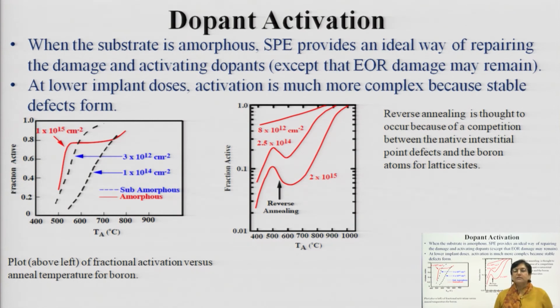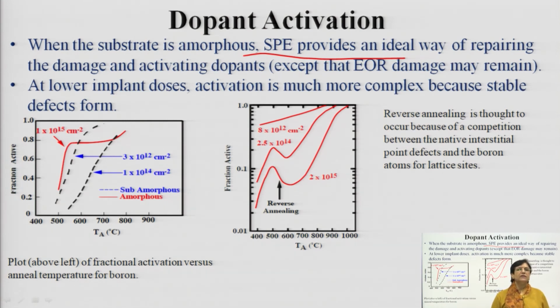So, when the substrate is amorphous, solid phase epitaxy is a very good method for repairing, but then you need to activate the dopant species also, so that the profile is properly maintained.